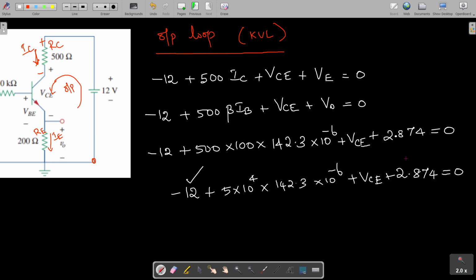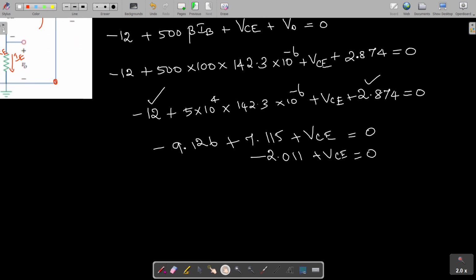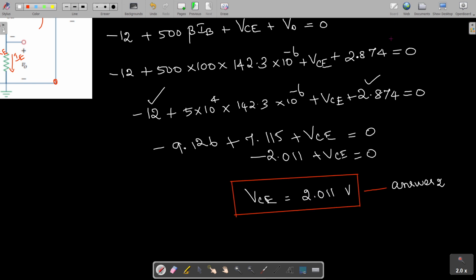When you add these two, you get it as minus 9.126 plus, so this gives you the value as 7.115 plus VCE is equal to 0. That gives you the value as minus 2.011 plus VCE, that is equal to 0. So we can write VCE as 2.011 volts.